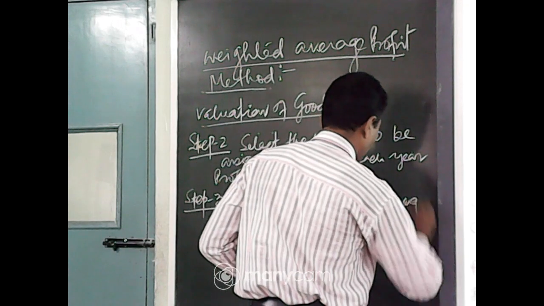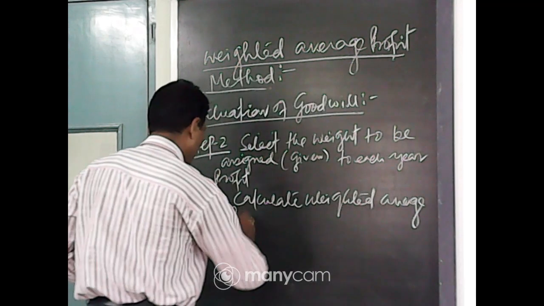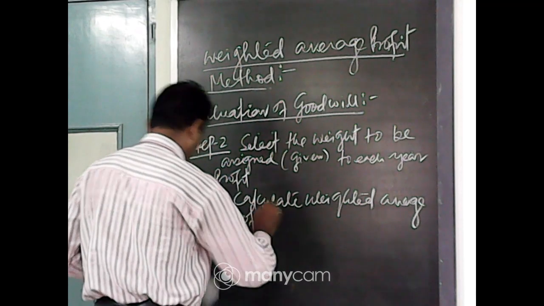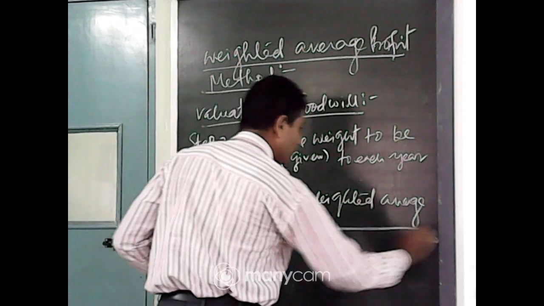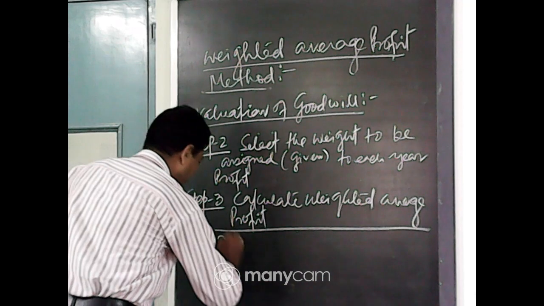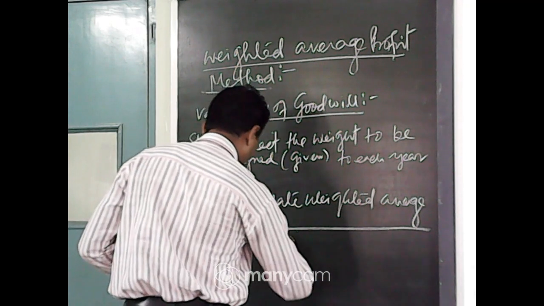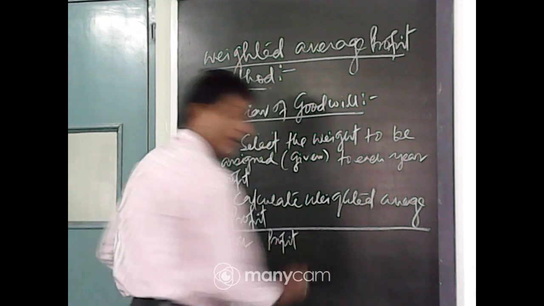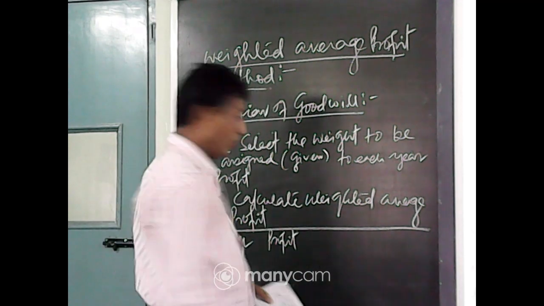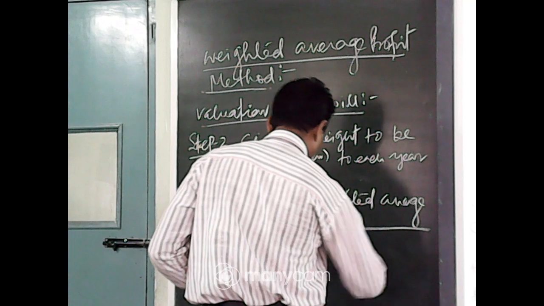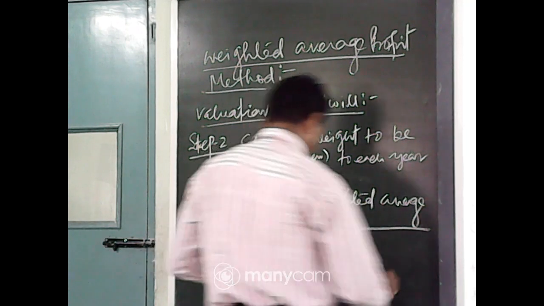Weighted average profit. Now, the columns are year, profit, weight, product.